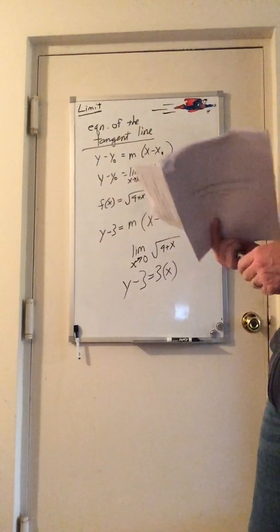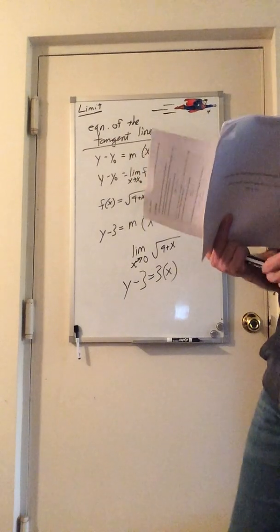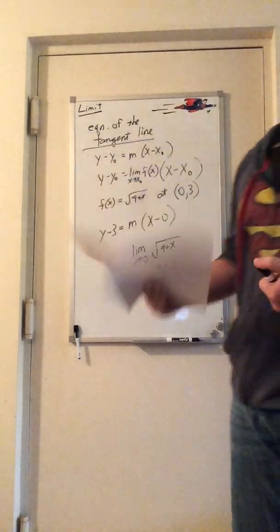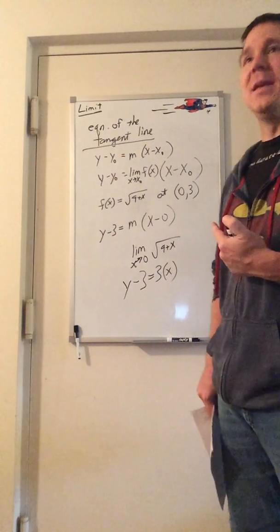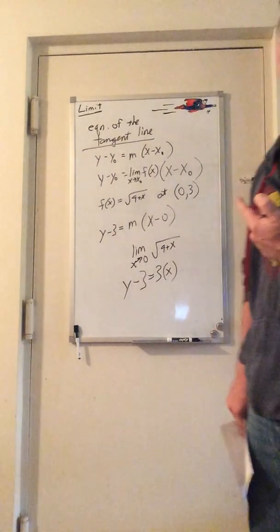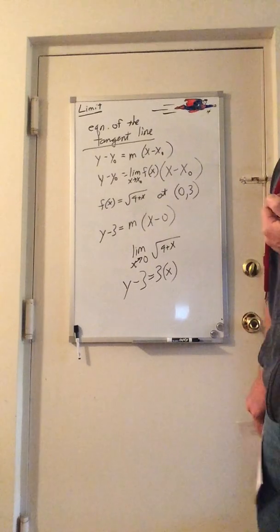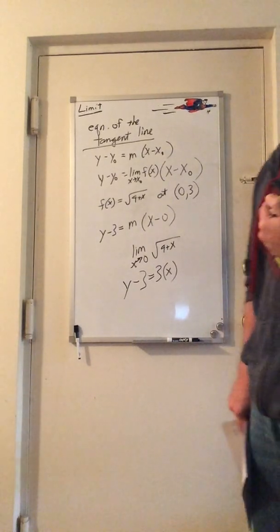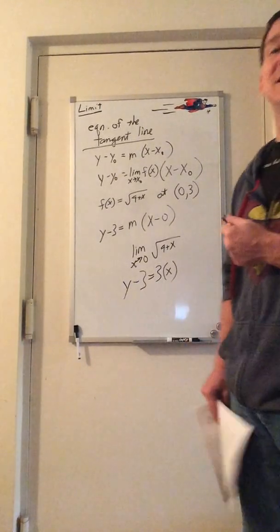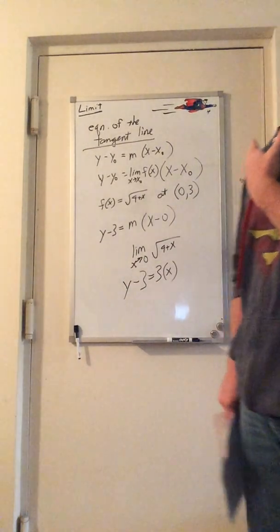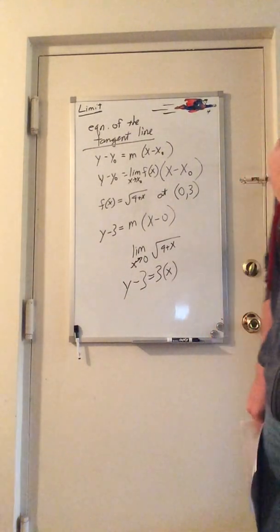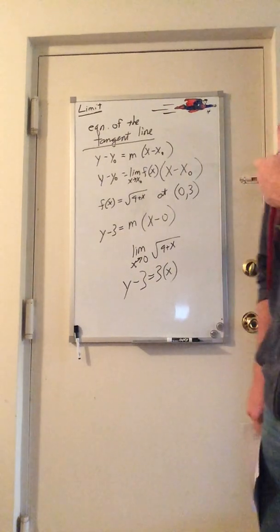These equations of tangent lines we'll actually use a lot. We'll expand on them. And to give you an idea, I'm going to be teaching Calc 3 in the fall, multivariable calculus. And when you do multivariable calculus and you have planes floating in space, like three-dimensional planes in space, you actually still do equations of tangent lines, only they're equations of tangent planes, but the principle is the exact same.